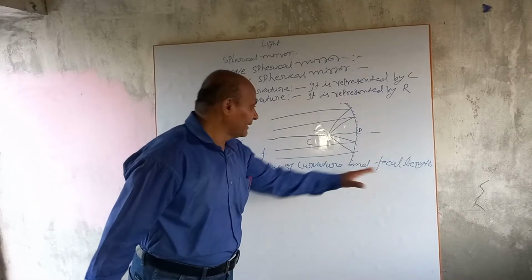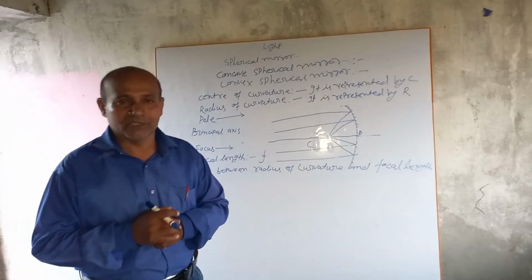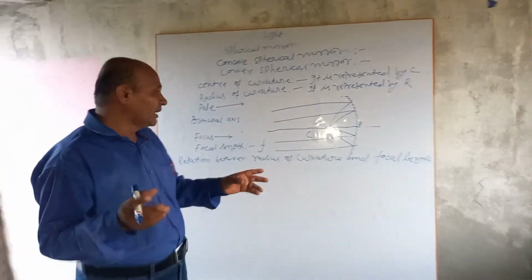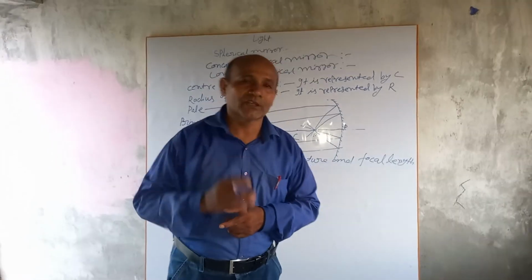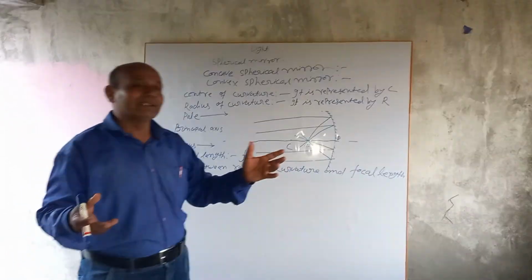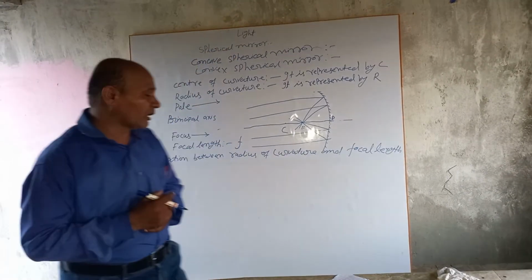The focal length is half of the radius of curvature.